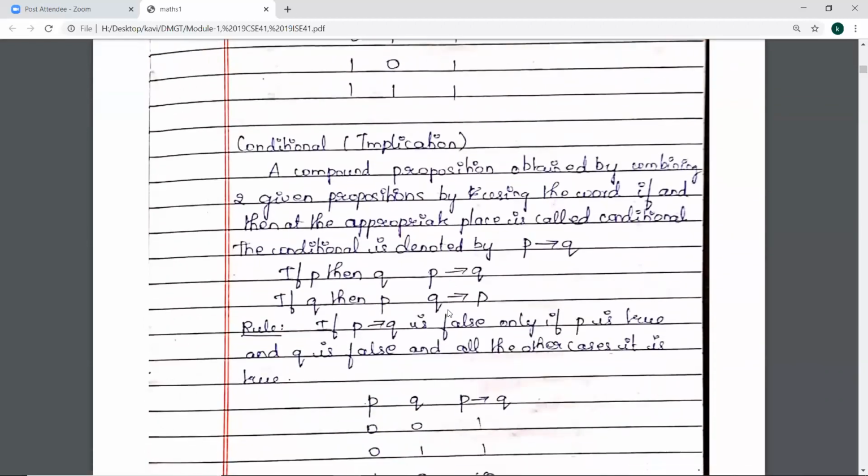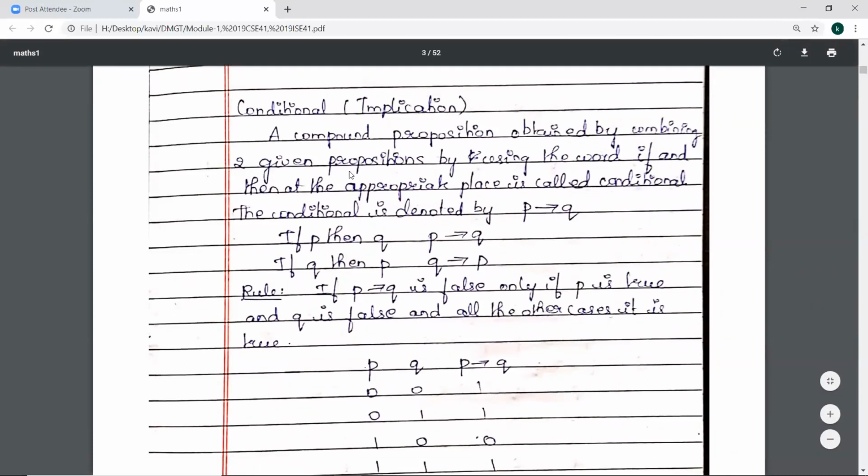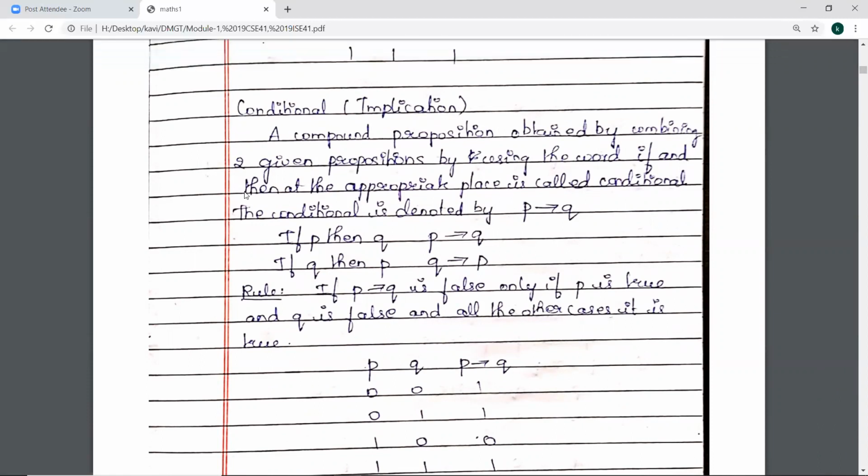Next logical connective, conditional. This is also called implication. A compound proposition obtained by combining two given propositions by inserting the words if and then at the appropriate places is called a conditional.